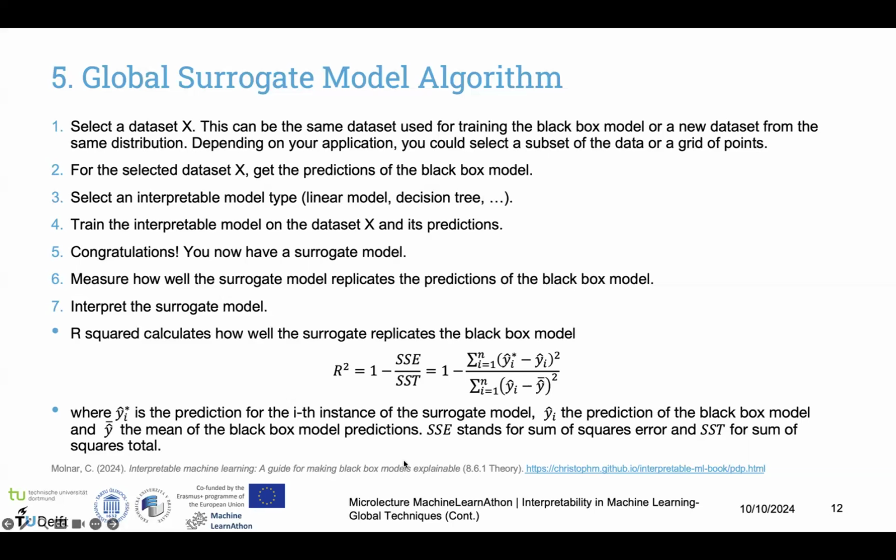This is simply how we can calculate R squared. The value of R squared is between 0 and 1, and the higher, the better. So 1 means that the surrogate model is excellent in approximating the behavior of the black box model. A smaller value for R squared means that this model is not that good in approximating the behavior of the black box model.